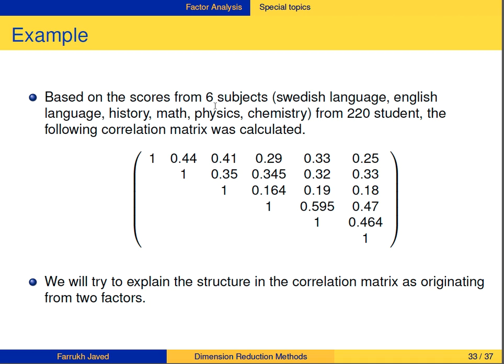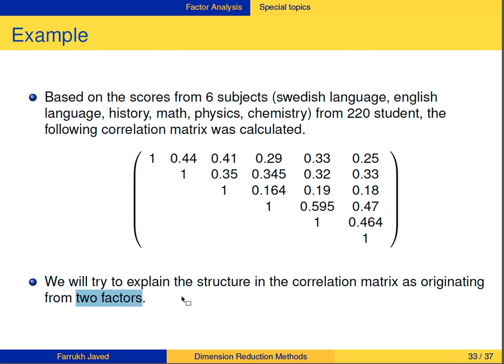Well, not exactly the same example, but based on the scores of 6 subjects: Swedish language, English language, history, maths, physics, and chemistry, from 220 students. So we see a correlation matrix like that. And we will try to explain the structure in the correlation matrix as originating from 2 factors.